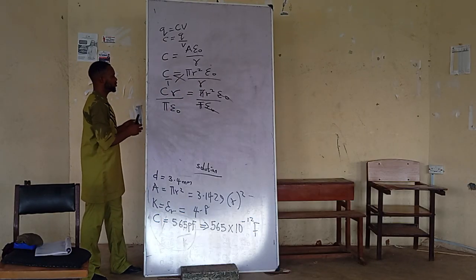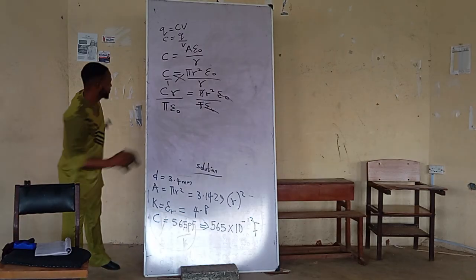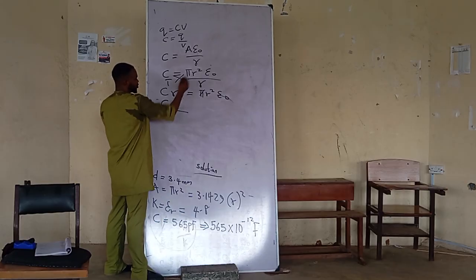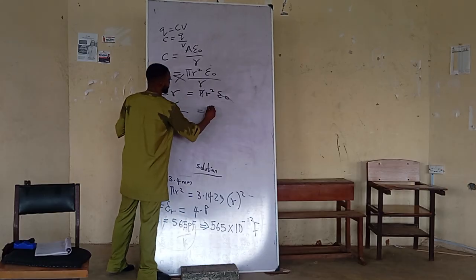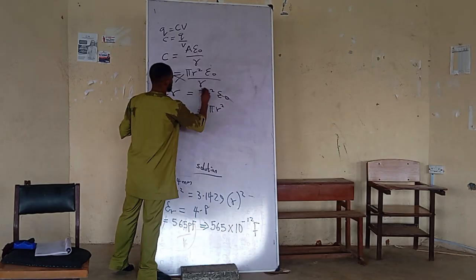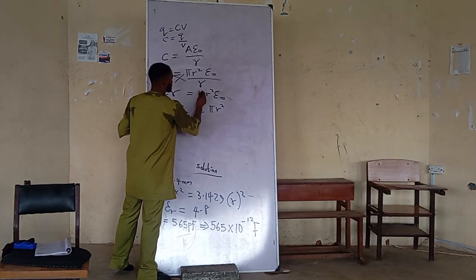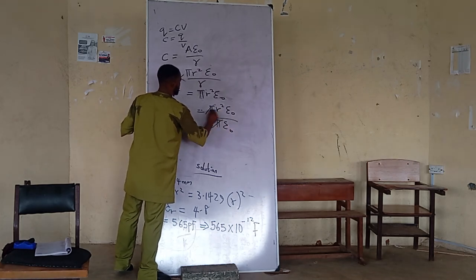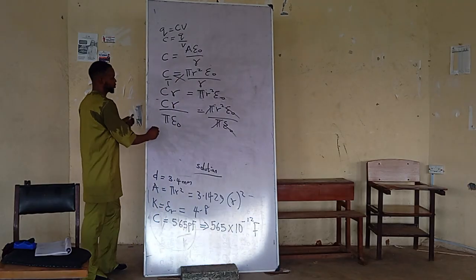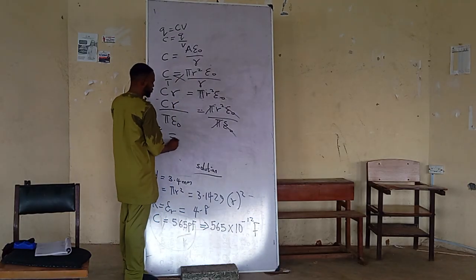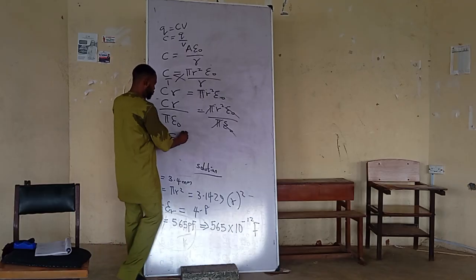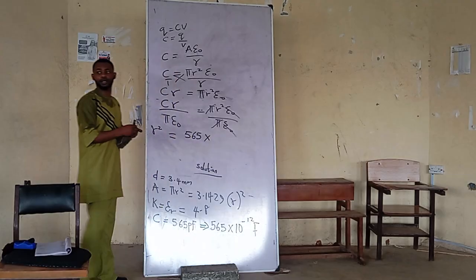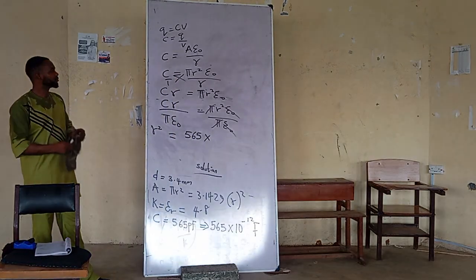So if we have that, we now divide both sides, so that r squared is equal to C d over pi epsilon naught. C is 565.